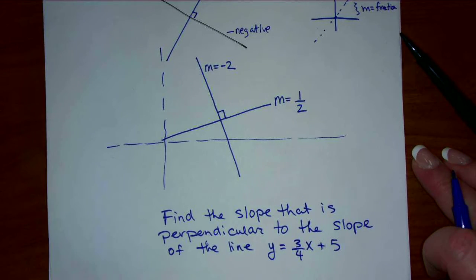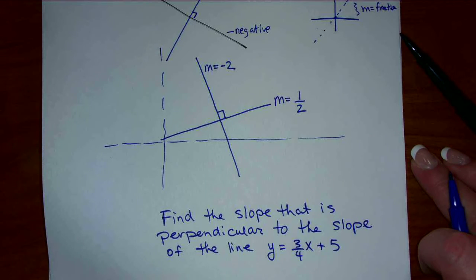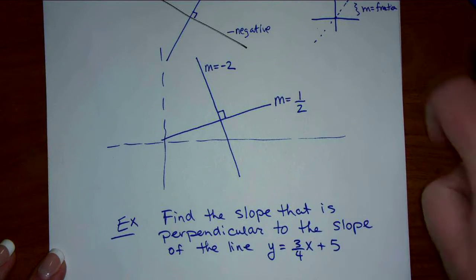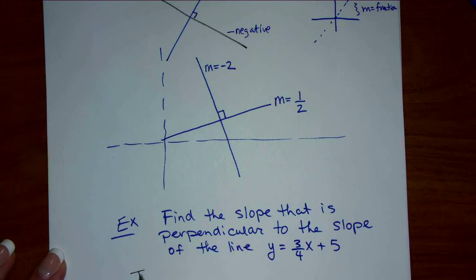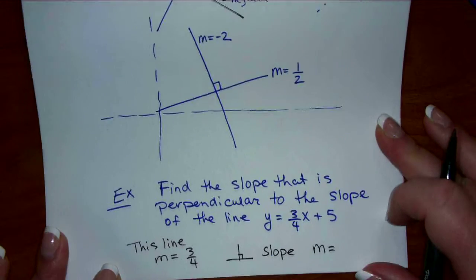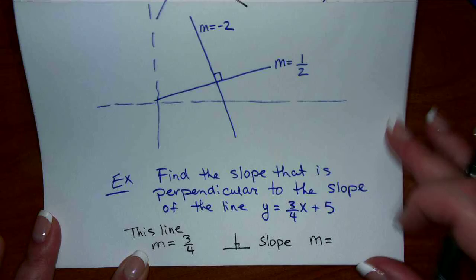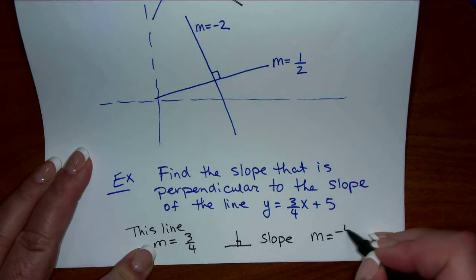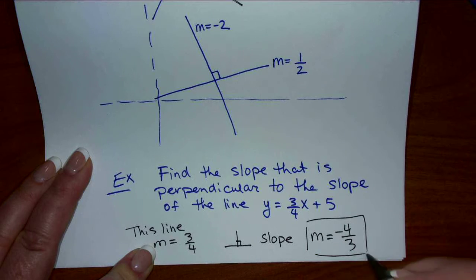So what would we do? We'd say, well, this line has a slope of what? 3 over 4. So a perpendicular slope would be, flip the fraction over, 4 over 3, but change the sign. So if that one's positive, this would have to be negative. Negative 4 over 3. So that is the slope that is perpendicular to the slope of this line.